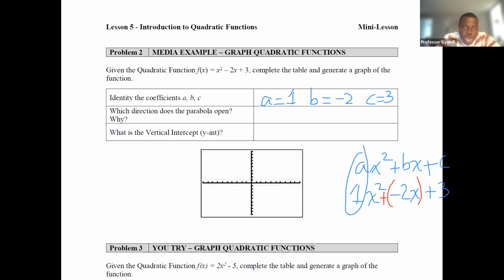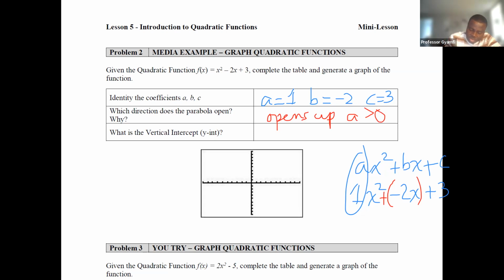Now, which direction does the parabola open? Again, it's going to open up, because a is greater than 0, or a equals 1 is greater than 0. What is the vertical intercept?